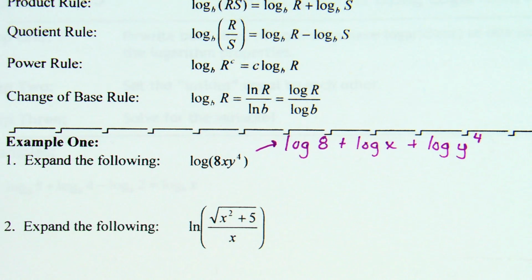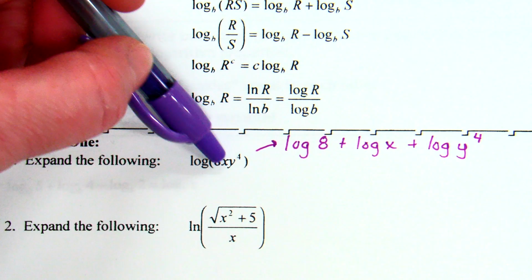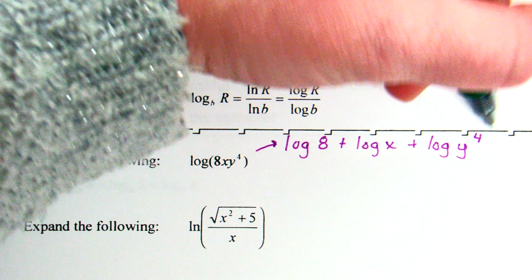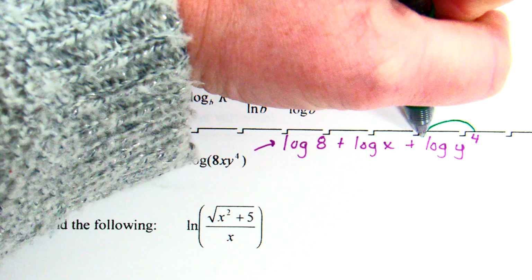Power property. So the product property allowed me to take what was being multiplied and rewrite it into different logs being added. The power property, the obvious place is where? Y to the 4th. We can rewrite that by putting the 4 out front and making it 4 log y.